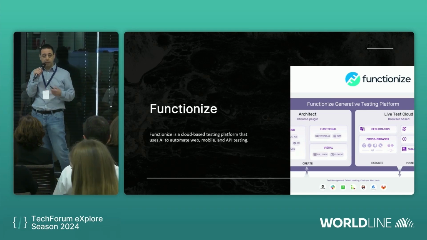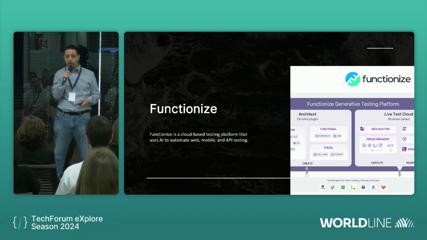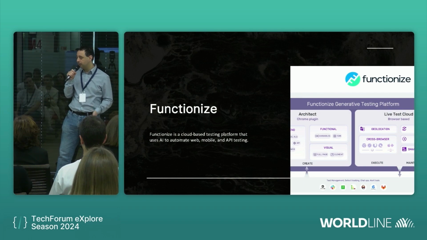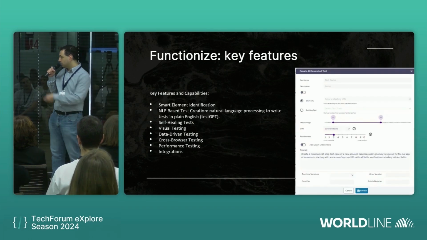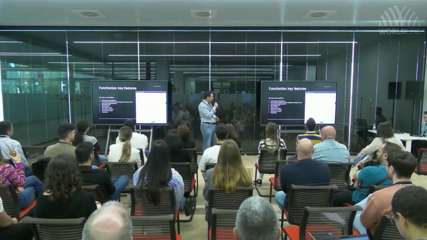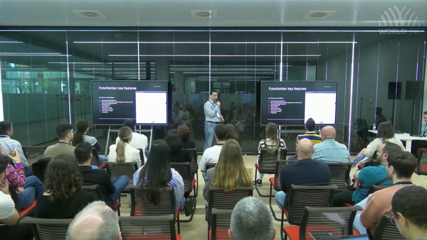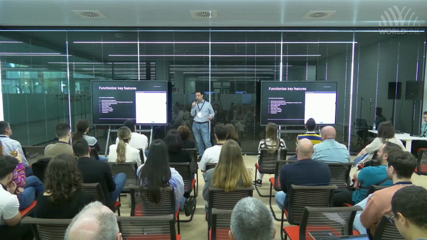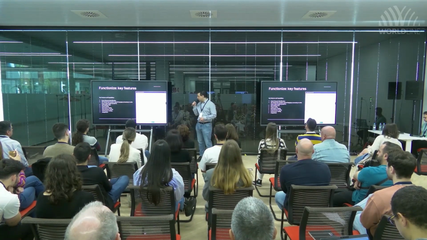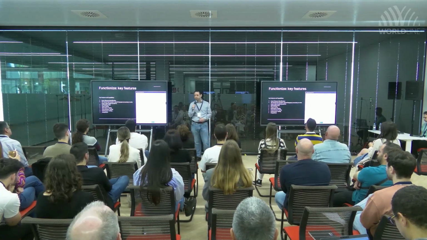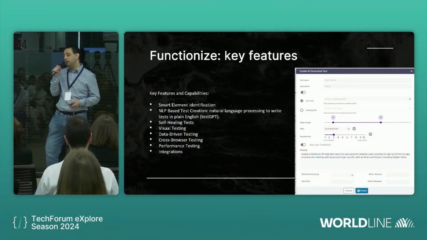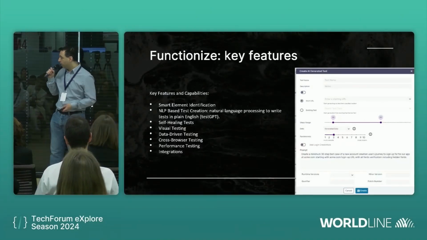It's a tool for automating testing for websites, APIs, mobile apps, etc. It has lots of nice features. The most interesting ones are maybe NLP-based test creation, which means basically you have something like ChatGPT, but you can create test cases. They call it TestGPT, which is what you can see on the screen. Basically, you enter your description of what you want to achieve, and it generates the test case for you, right?